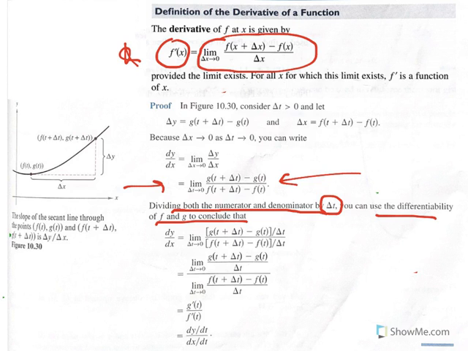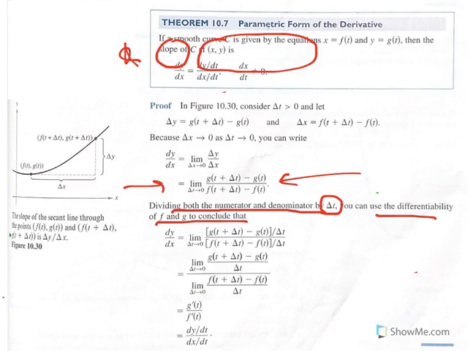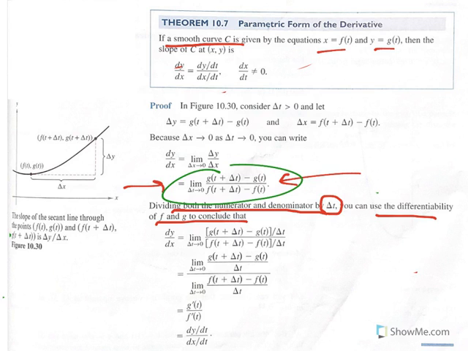So why do we say the differentiability of f and g? f and g are going to be differentiable because our curve is smooth. So that's how we know that. So now we just manipulate what we have here algebraically, and when we do that, this is what we have. We multiply the numerator by 1 over delta t, and we multiply the denominator by 1 over delta t, and that gives us what we have here.